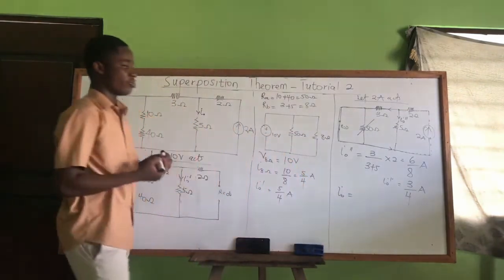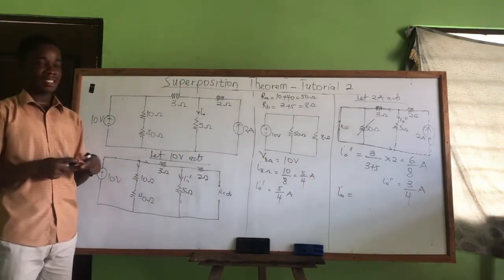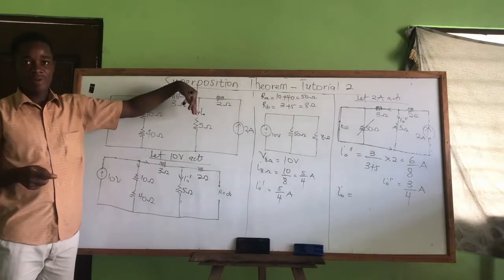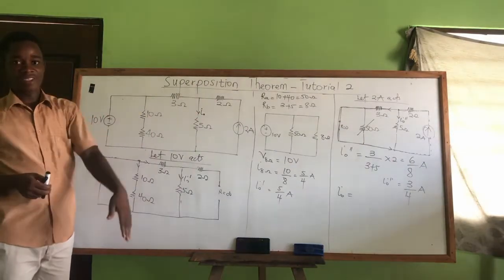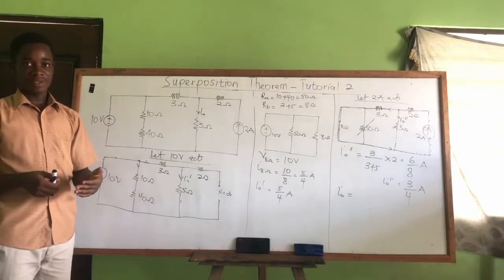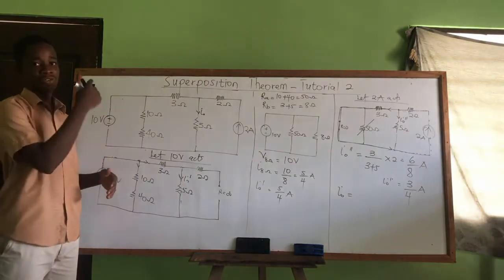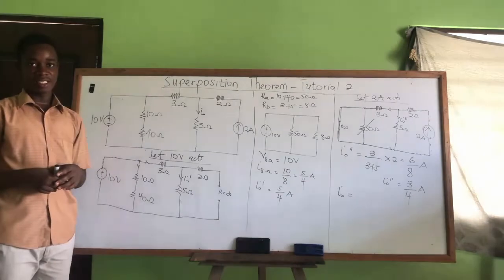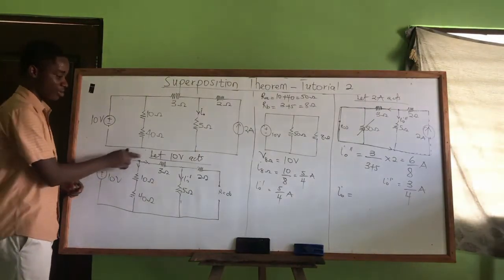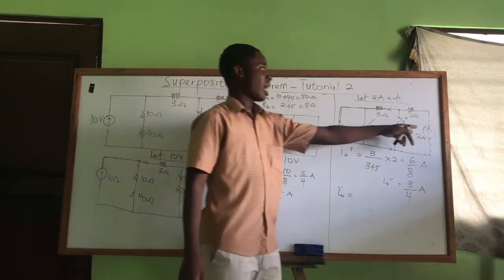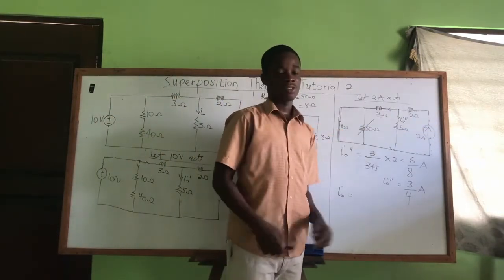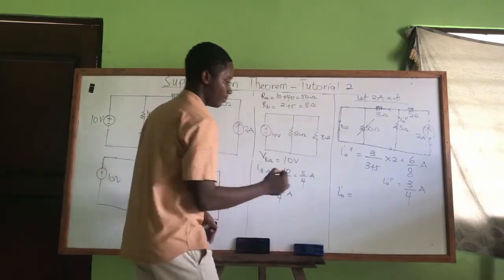is equal to. So this is where we realize that from the circuit, the I naught given is moving down. Meaning when each of the sources are acting, the one moving in the same direction, that is moving down, should be positive. If one of them is moving up through the 5, it should be considered negative. So when this one was acting, the I naught prime was moving down. When this one was also acting, I naught prime prime was moving down. So we are going to sum the 2.